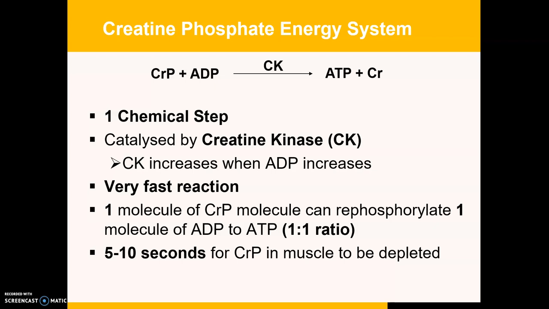So this energy system is considered to be an anaerobic energy system, or without oxygen energy system. Each molecule of creatine phosphate can rephosphorylate one molecule of ADP to ATP, so the ratio of ATP energy produced is 1 to 1.